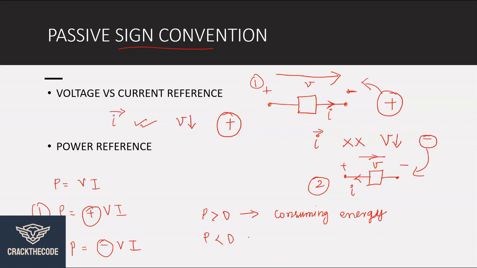However, if power is negative, then we can say that the element is giving out energy. That is, the power is being generated by this particular element. So these two are very important concepts.